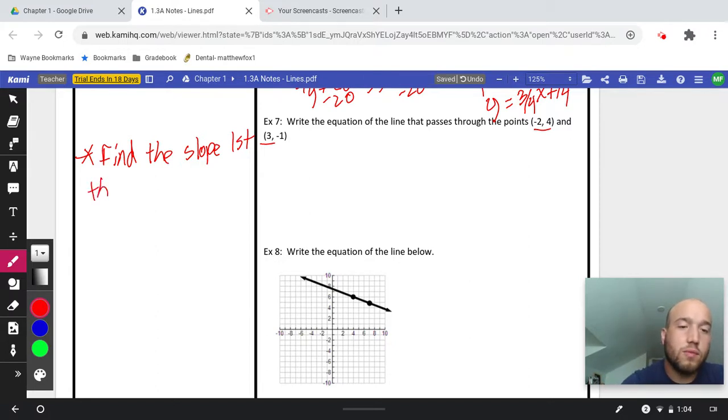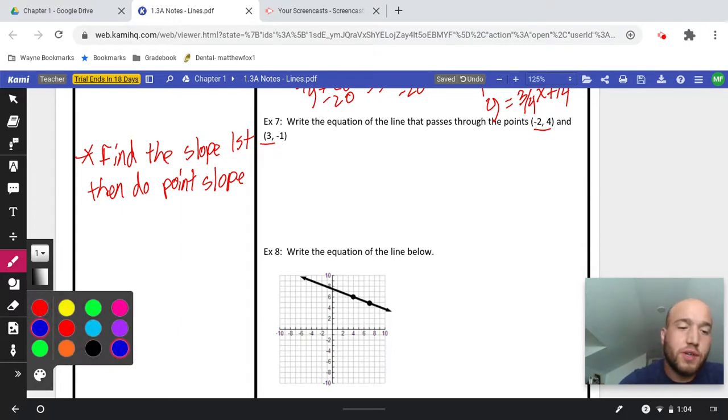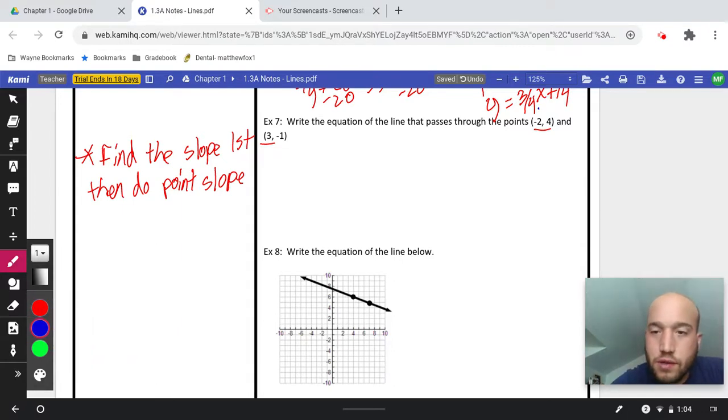So then we'll do point slope. It does not matter which one's your x1, y1, as long as you choose one. So I'll just do x1, y1, x2, y2. And we got to find the slope first.